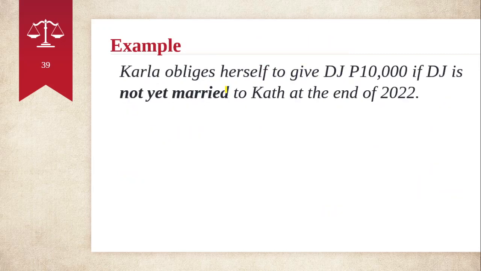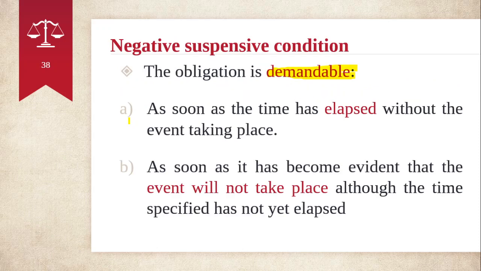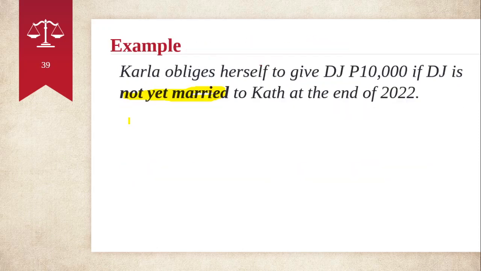Balikan natin. Carla obliges herself to give DJ 10,000 if DJ is not yet married. Okay? Suspensive gihapon siya, kaya nga lang, it is not to do. Kaya siya negative, suspensive. Not. Wag mong gagawin to. Kapag hindi mo to ginawa, until ganitong oras, until ganitong araw, bibigyan kitang pera.